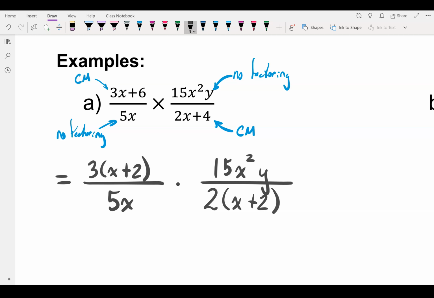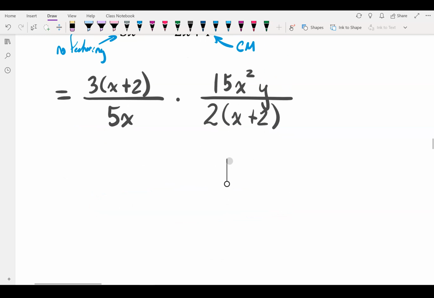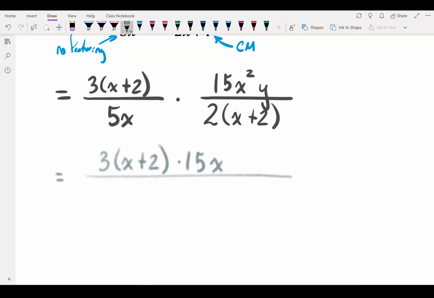So we treat the top as one big product and the bottom as one big product. This is the only time I'm going to write it as one big fraction, but this can help a lot of students. I'm going to rewrite the top: 3 times x plus 2 times 15x squared y. That's one big product. On the bottom, I have 5x times 2 times x plus 2.